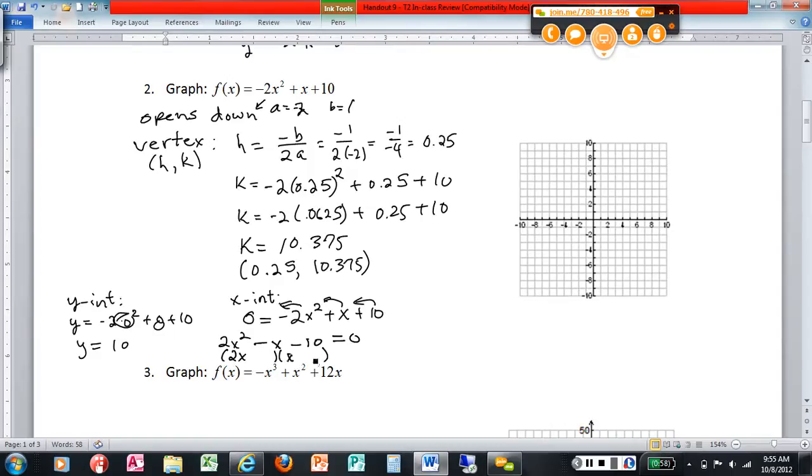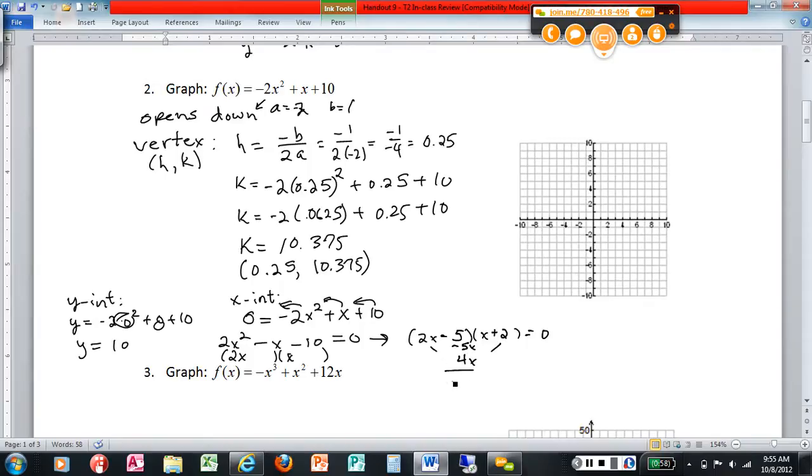2x and x. Let's move it over here. All right, so it'll be 2x and x. And minus 10, I think it's 5 and 2. I need a minus x, so that'll be a minus and a plus. That gives me the right thing, doesn't it? Because that's 4x, and that's a minus 5x.